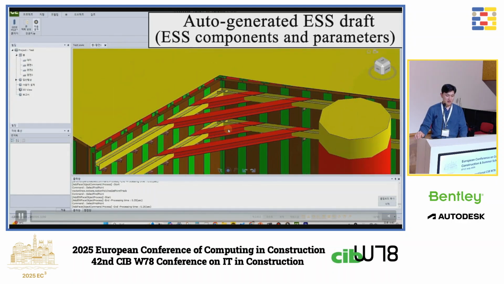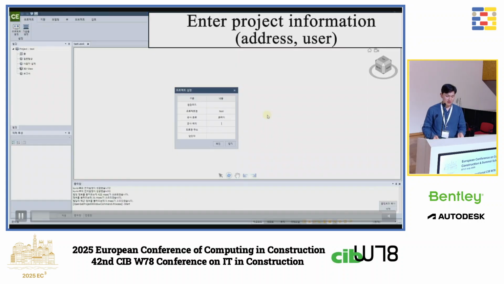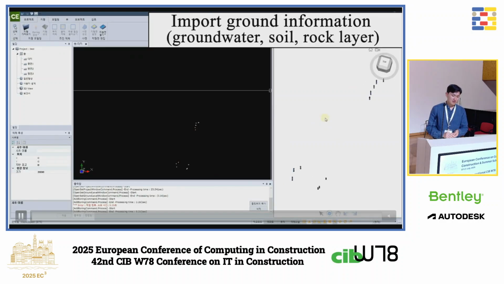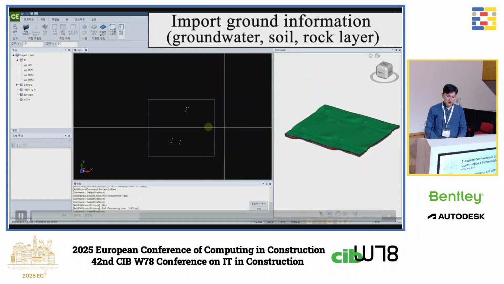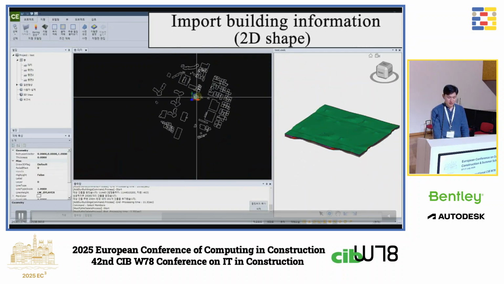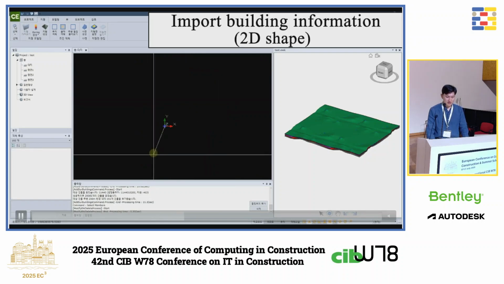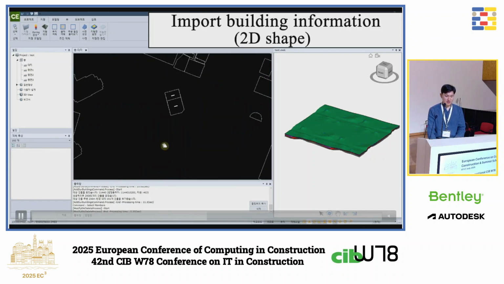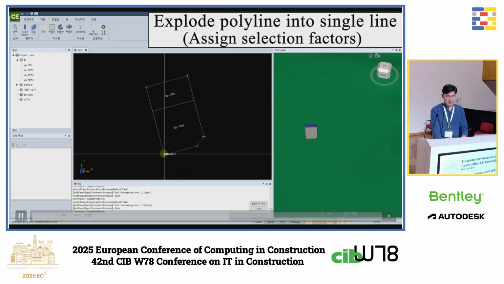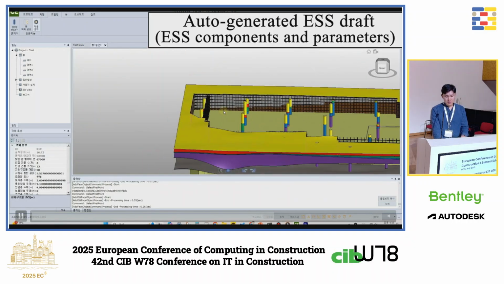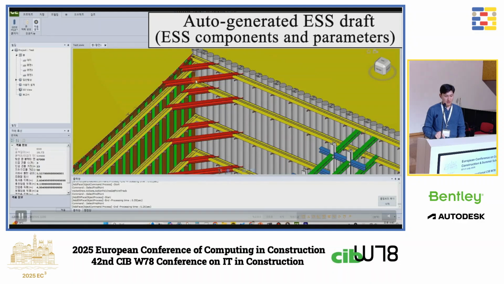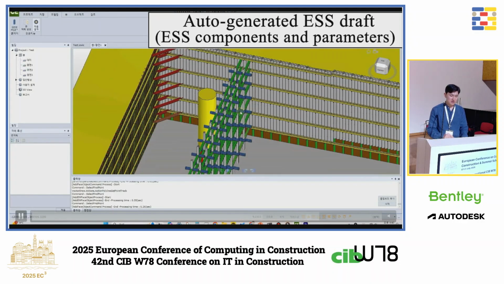Once the set of selection factors is provided, the pre-trained model recommends the appropriate ESS components and design parameters. Using the recommendation results, a draft model of the excavation support system is then automatically generated through parametric modeling. If any modifications are needed, the user can click on each component to adjust its dimensions.